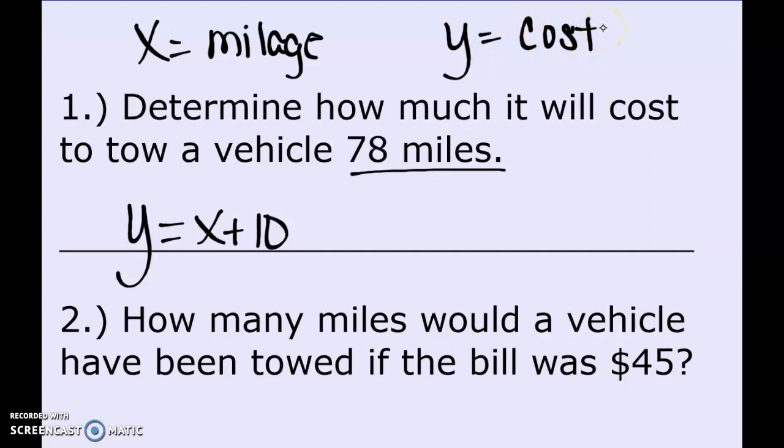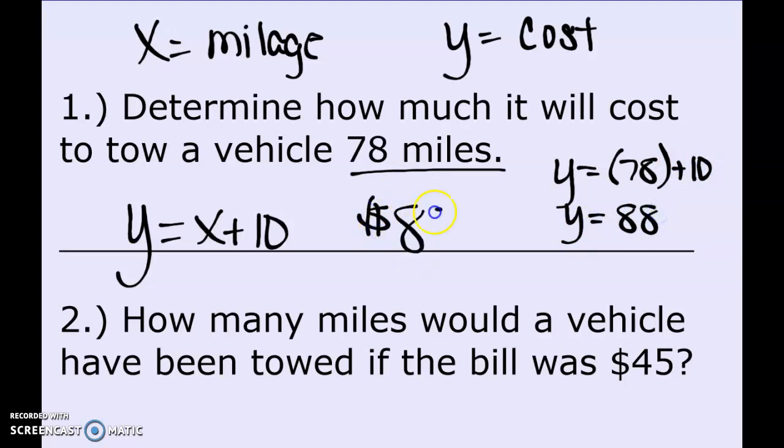Okay, so I want to determine how much it will cost to tow a vehicle that's 78 miles away. So I'm going to substitute 78 for my x value. So that'd be 78 plus 10. So y is equal to 88. So it will cost $88.